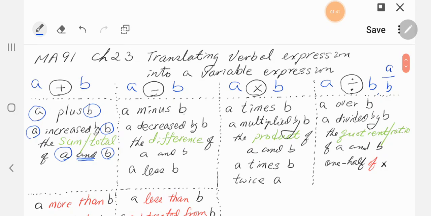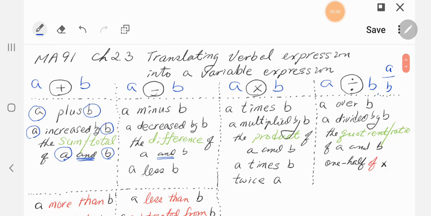Same thing, a minus b, then a comes first, and then minus, and then b. A decreased by b, same, a comes first, minus b. The difference of a and b, same thing, a comes first, and then this "and" will be replaced by what? Difference means minus, right? So "and" is replaced by minus and b comes later.